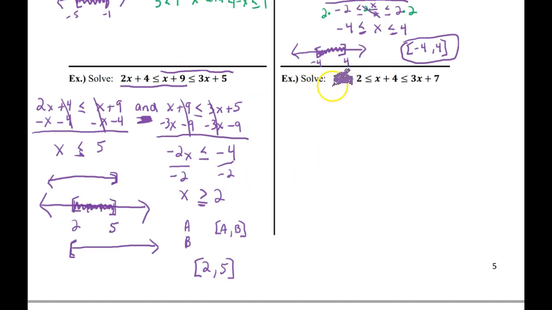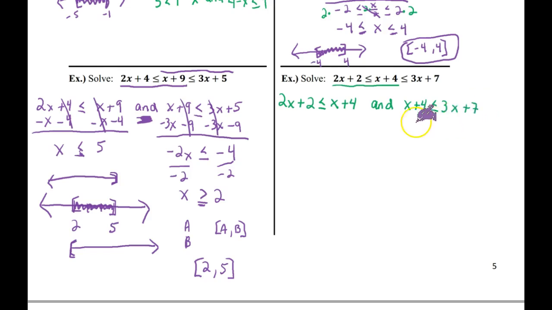So my first statement will be the left-hand side and the middle: 2x plus 2 less than or equal to x plus 4. And that has to be true, and right here I'm starting from the middle, x plus 4 less than or equal to that whole left side, 3x plus 7.